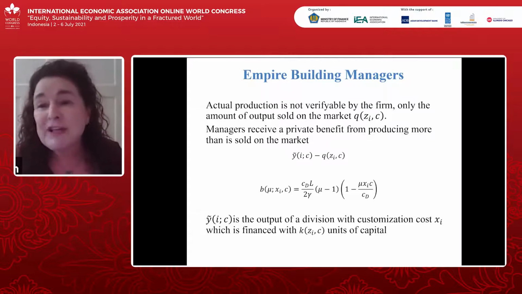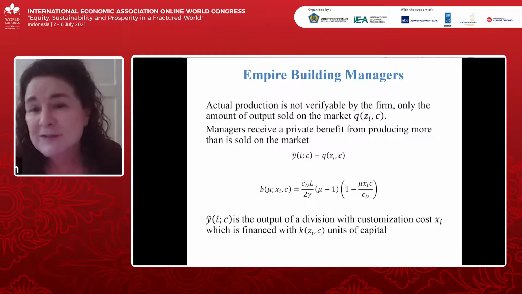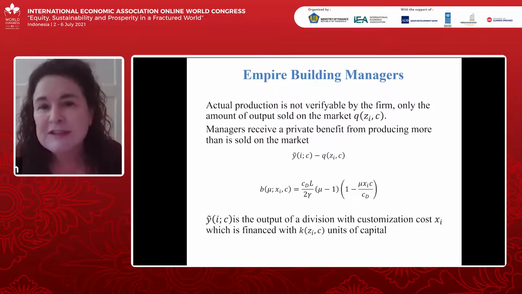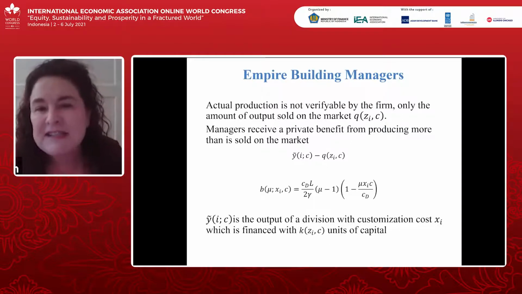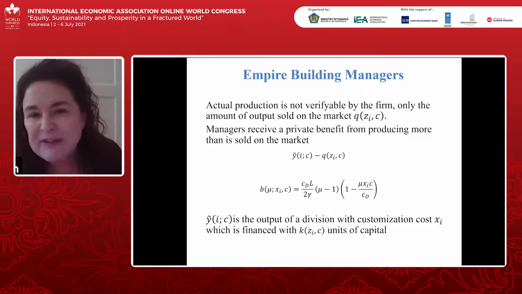If they run bigger divisions, they have better future chances of getting a job in the next firm. So they have a private benefit, which is not pecuniary. It's not compensated by a wage. And this private benefit B is a function of this excess production. And as you see in this private benefit function, it's also a function of this misreporting factor mu. I will talk more about this.